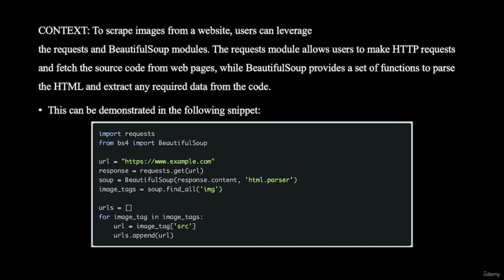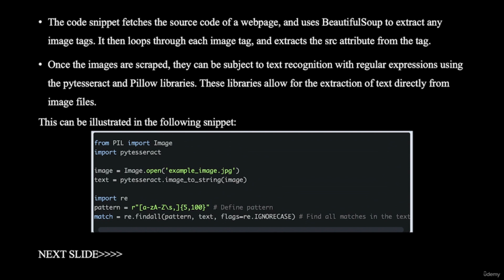Next will be a loop which will loop through each of the img tags in the imgs tag variable, after which we'll extract the URL of the image from the source attribute of the img tag and store it in the URL variable. The next line will append the extracted URL to the URLs list, after which we'll import the Image class from the PIL library, which is used to manipulate images.